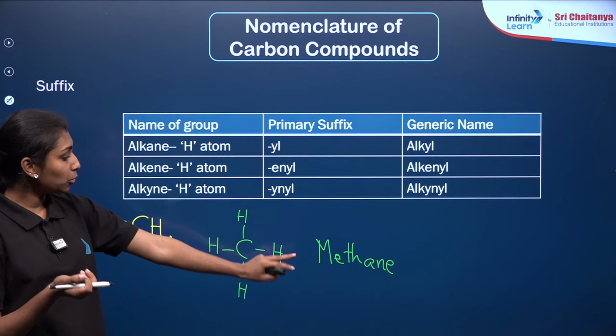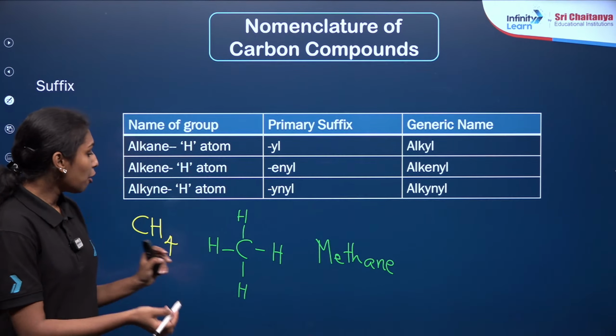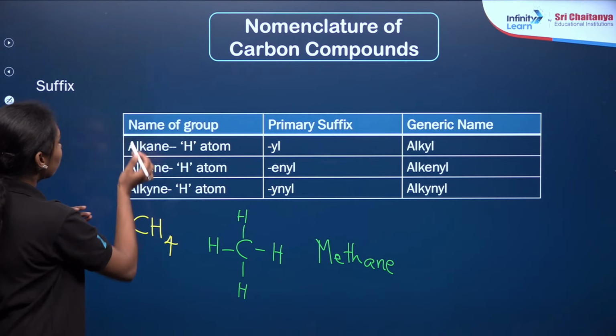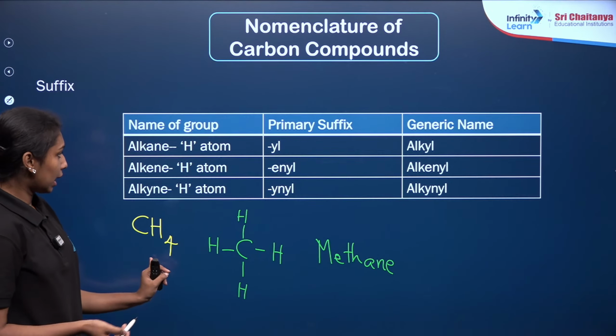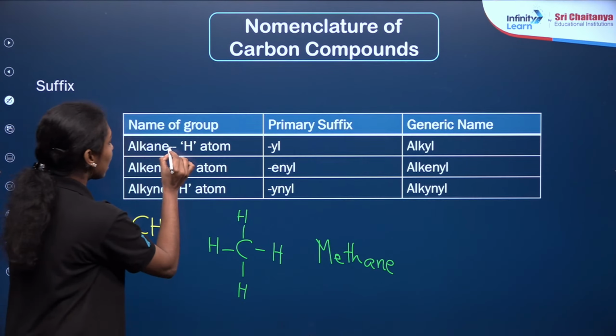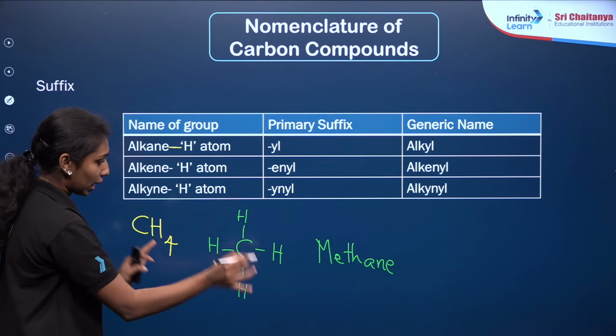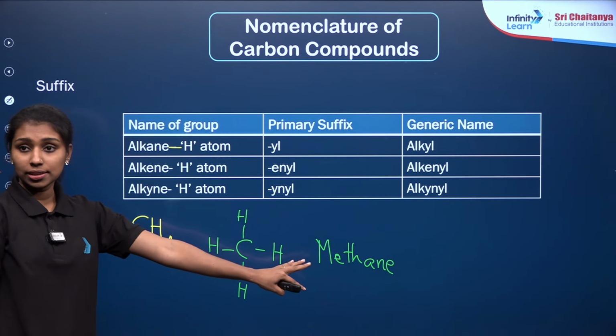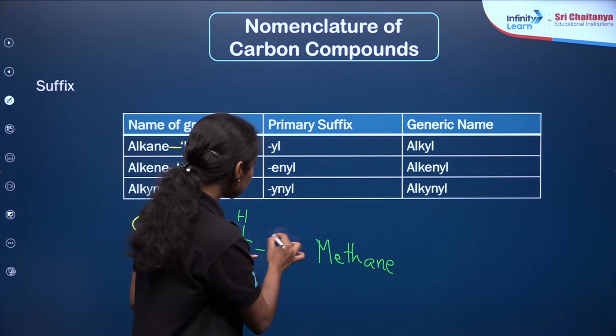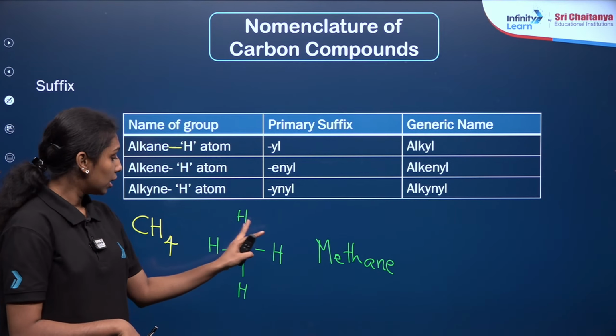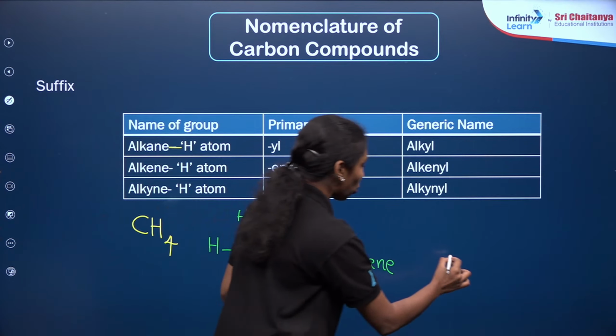The next point I need to talk about: if I change one of the hydrogen atoms from the alkane, this will be alkane minus hydrogen atom. For example, this is our methane, and I am removing one hydrogen atom from the CH4 molecule.